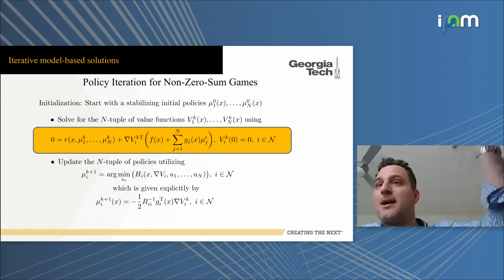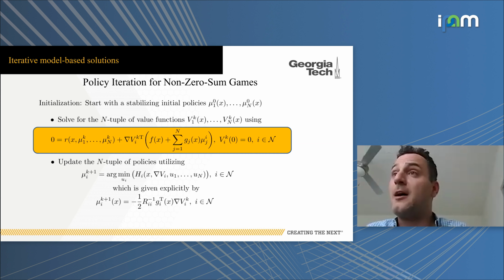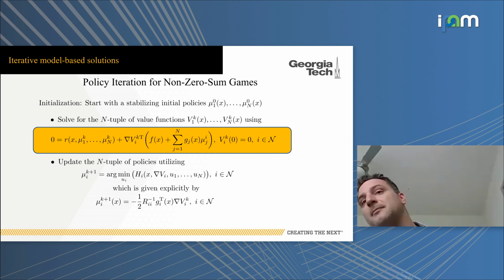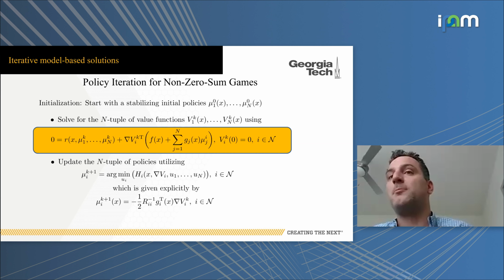So I start with my n policies, I solve for my n-tuple of value functions, V1 to Vn, and then I update my policies. Again, this is easier than finding a solution to the initial coupled Hamilton-Jacobi-Bellman equations, but it requires lots of computation.